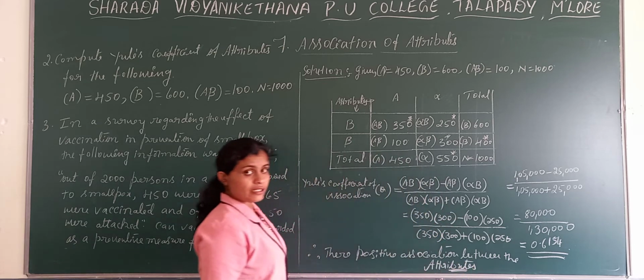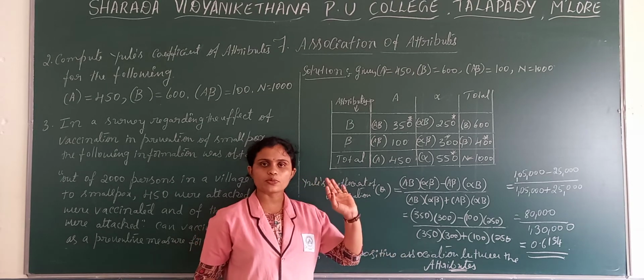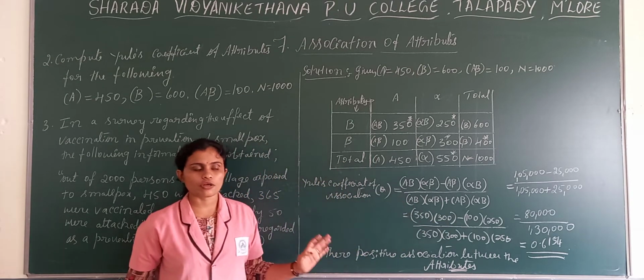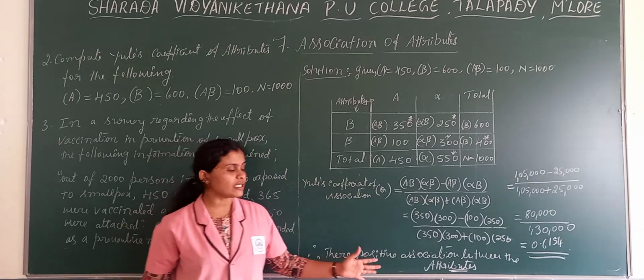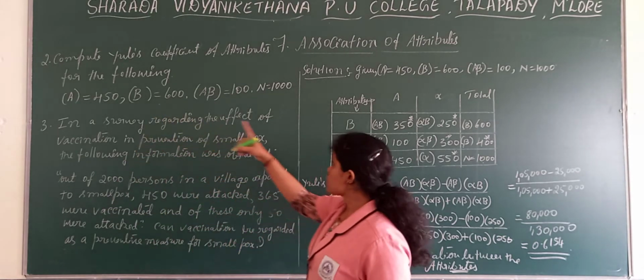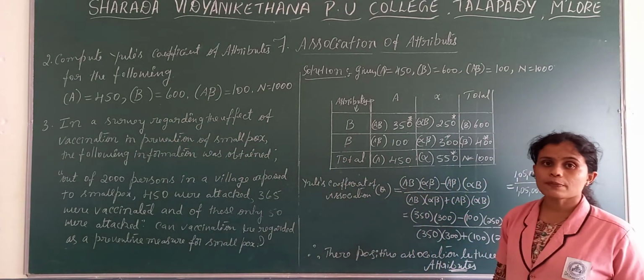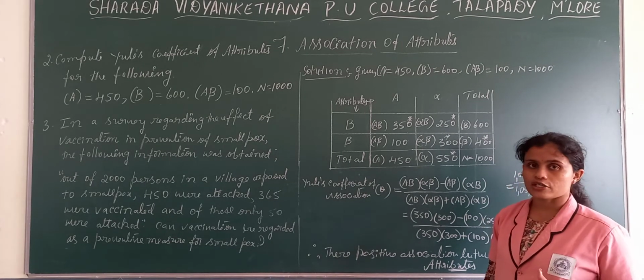Or else you can write association of attributes is positive, association of attribute is negative, and there is no association between attributes if we get 0. So this is about second problem, when they particularly will not mention which are those two attributes.